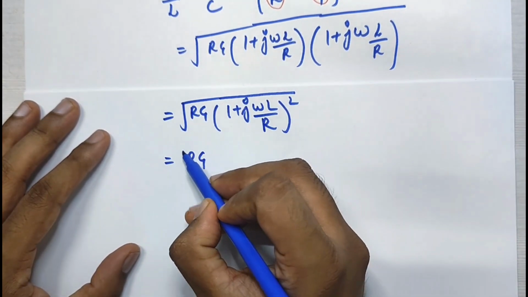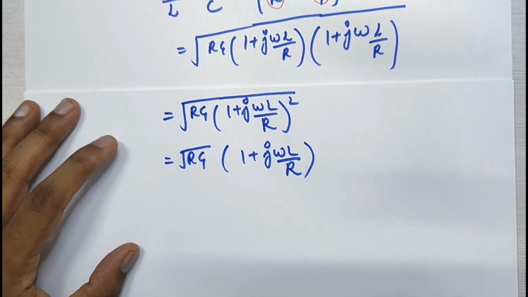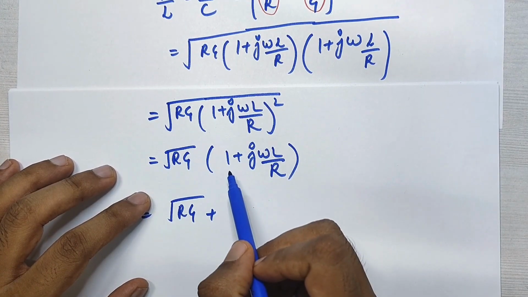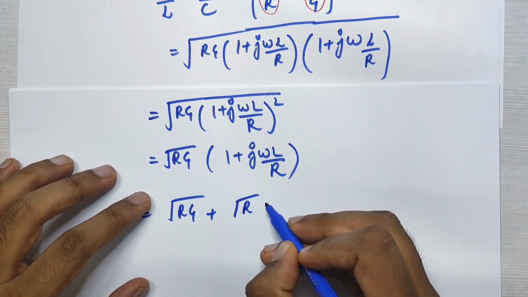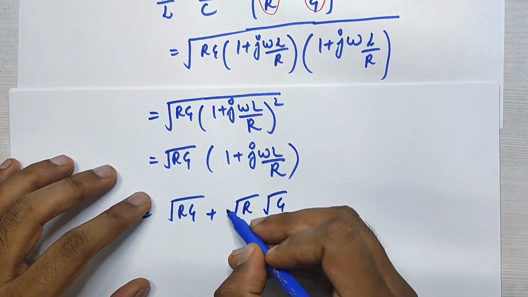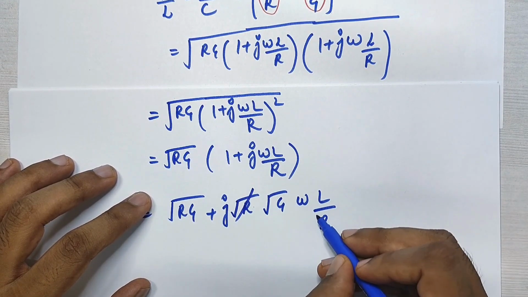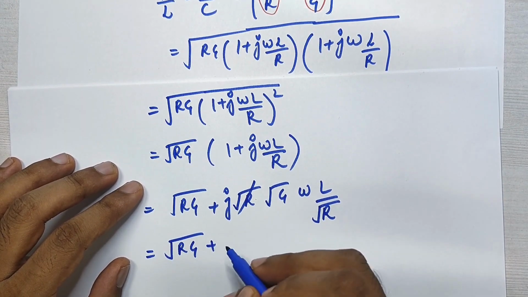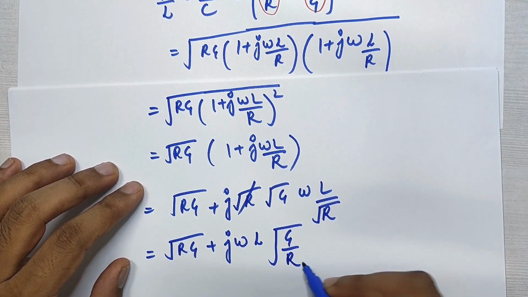After taking the square root, this will be root of RG into 1 plus j omega L by R. This goes inside the bracket, and this becomes root of R into root of G. I'm just simplifying it. So root of RG plus j omega L times root of G by R.